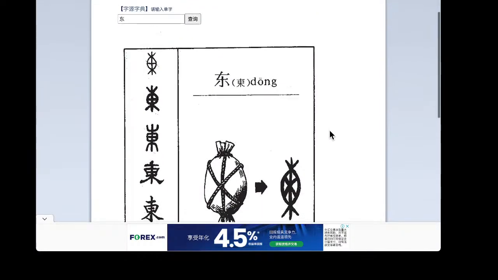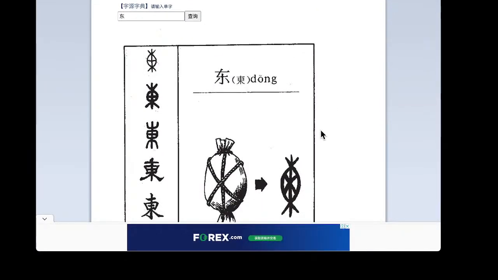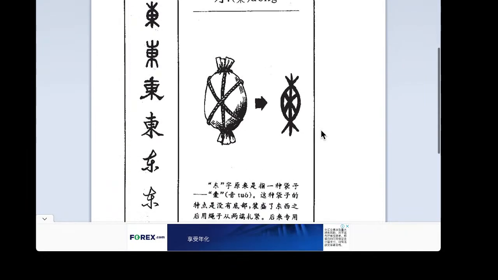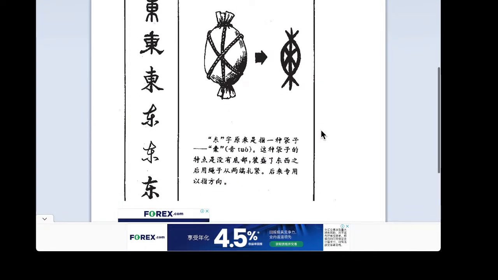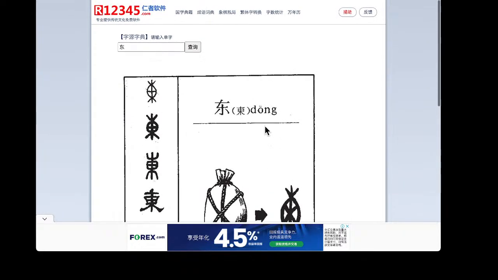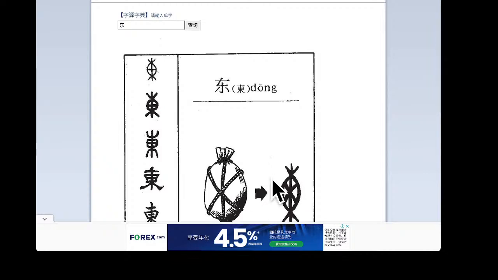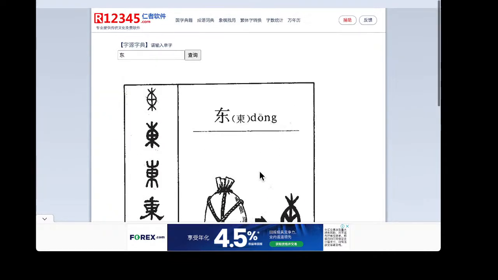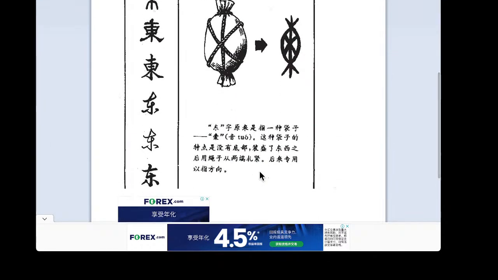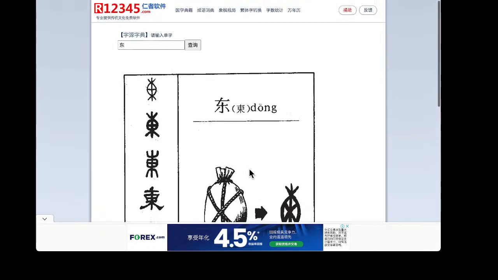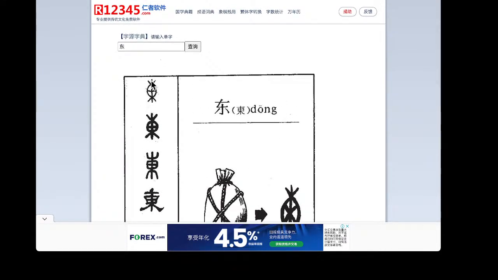So the 东, it's actually a very interesting character. Forget about this picture, I don't think that's what it is. Now you can see that it is a tree. Okay, so this part is a tree, the top and the roots.